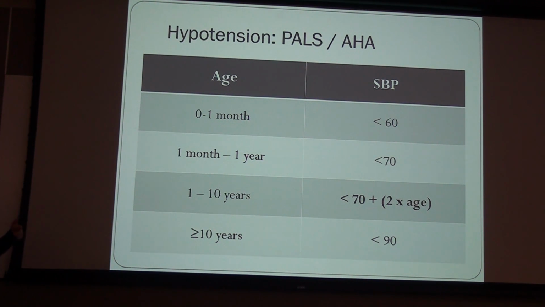And then greater than or equal to 10, then we use a systolic blood pressure of 90. Now, normotensive is actually, in this 1 to 10 year age group, 90 plus 2 times age. So even though a child might not be hypotensive, you still might have signs that their blood pressure may be a little on the lower side.